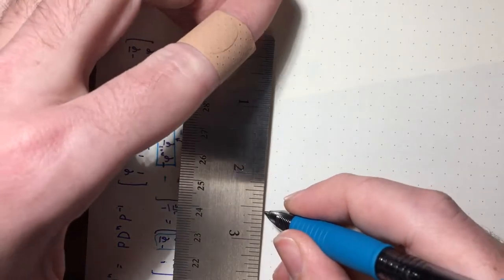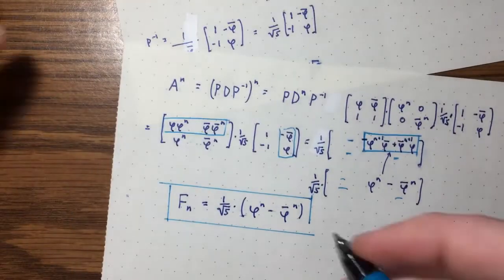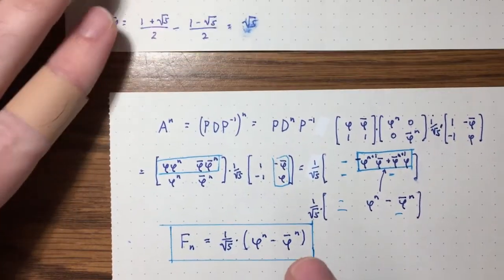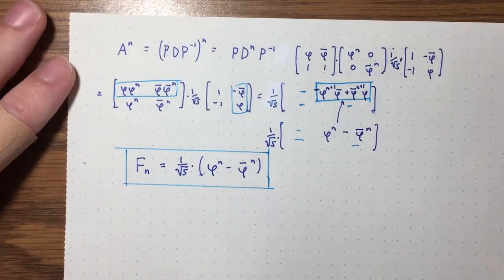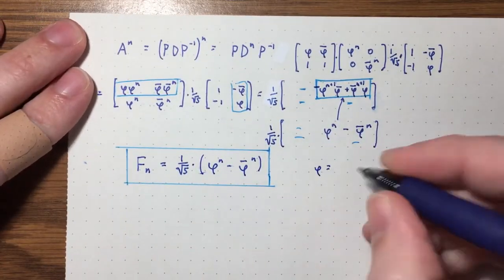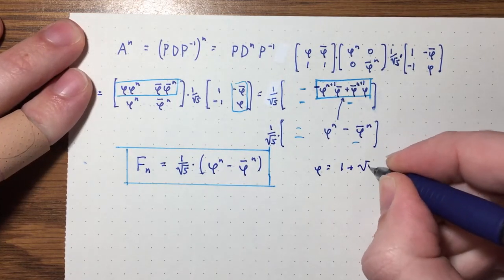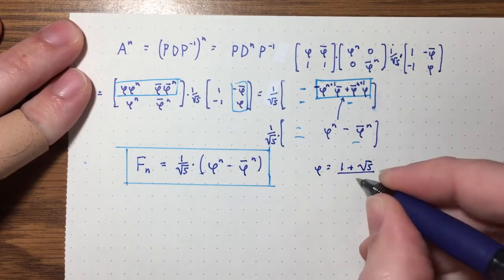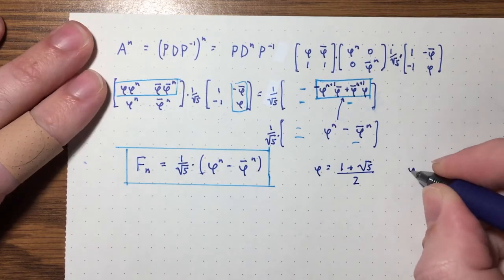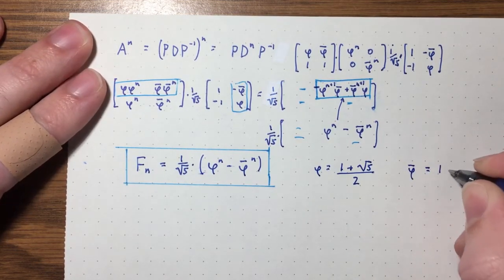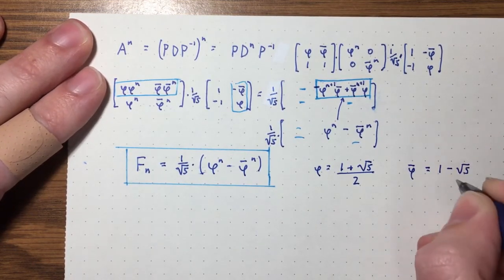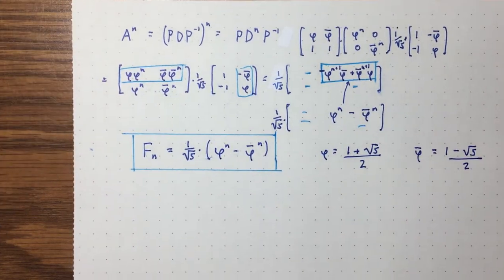I mean, it is a complicated formula. Don't let its sort of simplicity fool you here, because phi is this number, right? It's going to be a pain to take this number to large powers, but still, we have a formula for it. Okay, and that's phi bar.